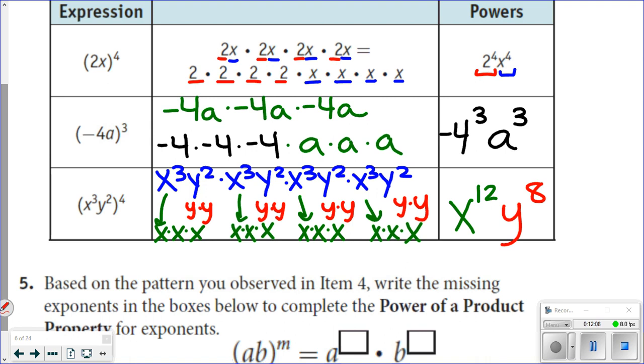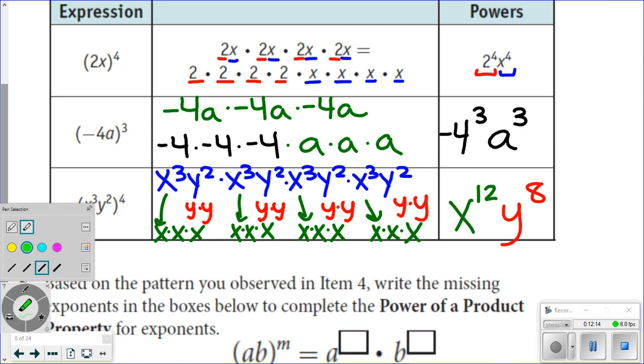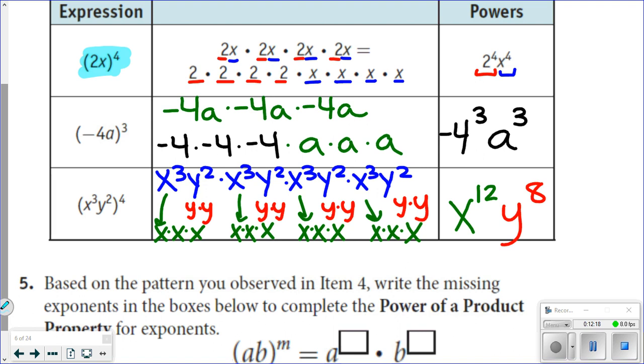What are we doing from the first column to the last column? There's a math term for this, and actually, this math term starts with the letter D. Distribute.